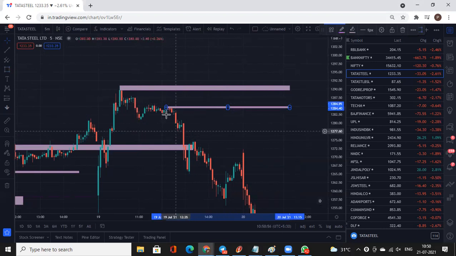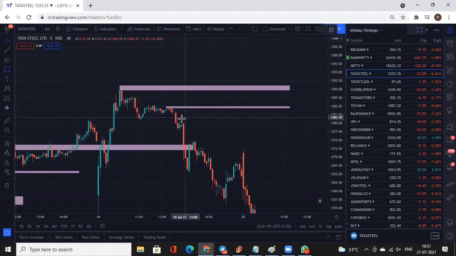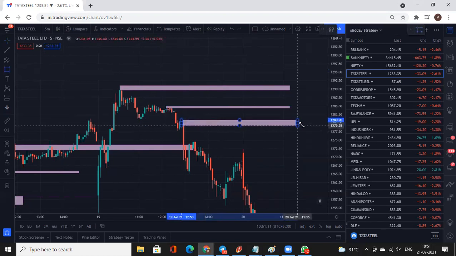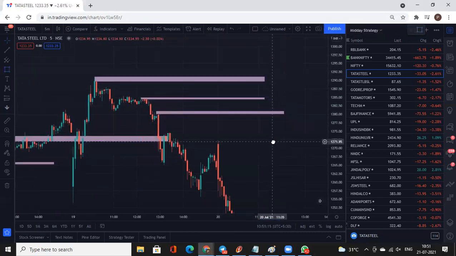After that, it came down, and then it took a series of reds, and then there is a green, right? And then you find another resistance created. So let me mark that too. We are currently doing it only for the higher, and then we'll be doing it for the lower.